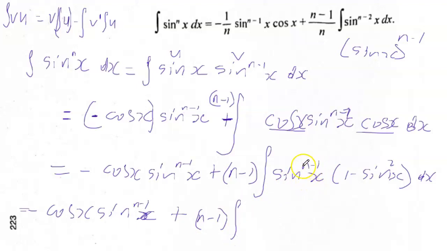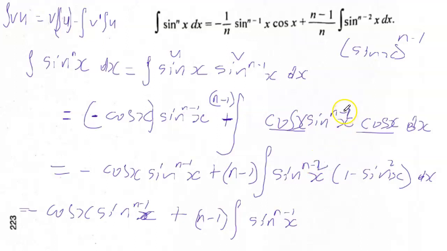Sine x to the power n minus 2 times 1 gives sine x to the power n minus 2; I keep making an error with this.